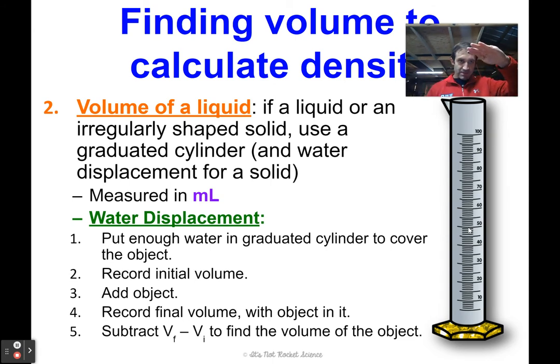We measure it, looking from the side. It's at 50. Then we take our rock and put it in there, and let's say it goes up to 55. The volume's 5, right? Final volume 55 minus initial volume 50, and that is the volume. It would be 5 milliliters, and that will be the volume of the weirdly shaped object.